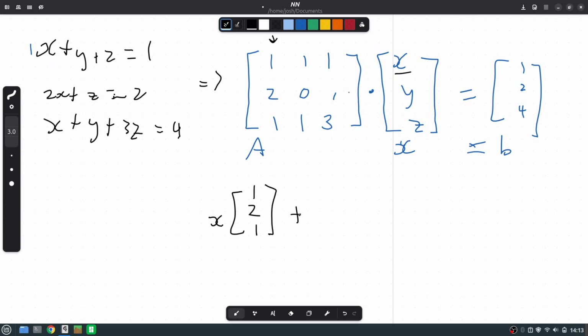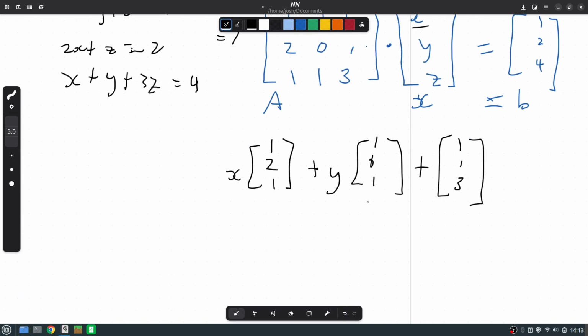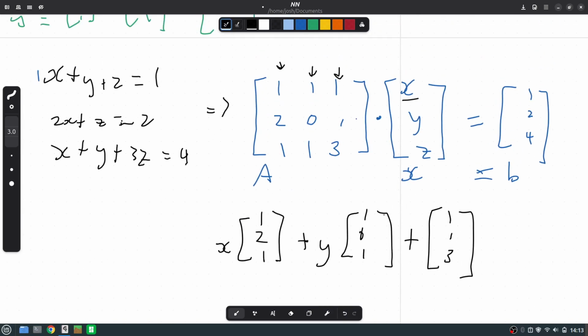Plus, now you're adding, and I hope you remember what vector addition means geometrically. And then you take the y and you multiply it by the second column of your matrix, 1, 0, 1. And you take z, and you multiply it by the third column of your matrix, so you get 1, 1, and 3. It's fairly straightforward, but I hope this is what's called a linear combination of columns.